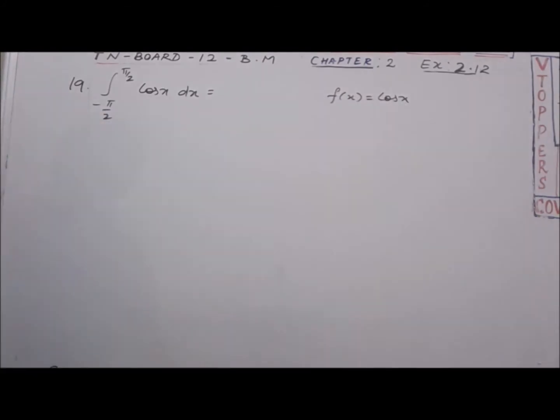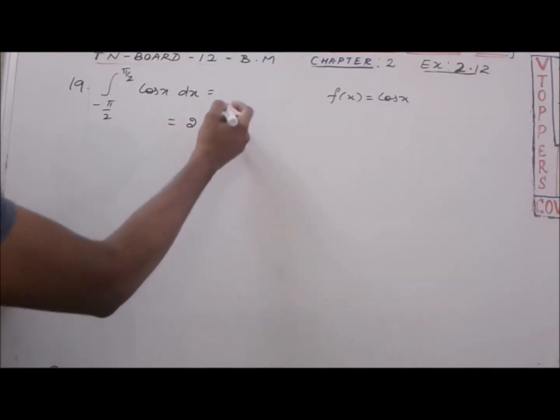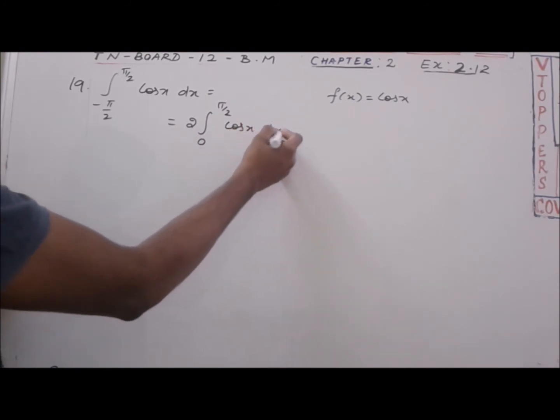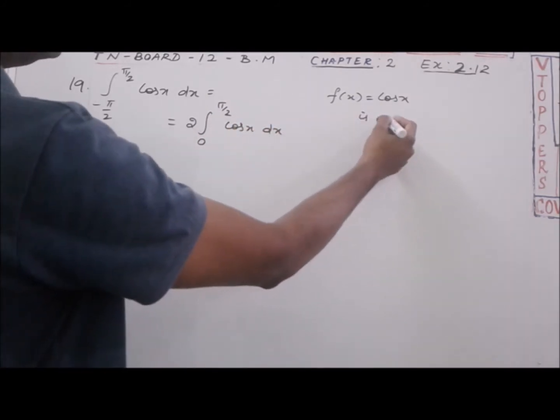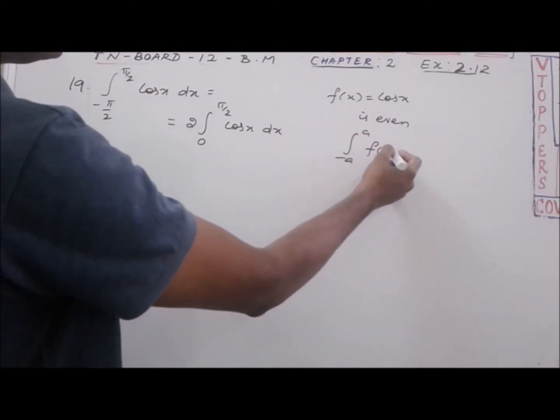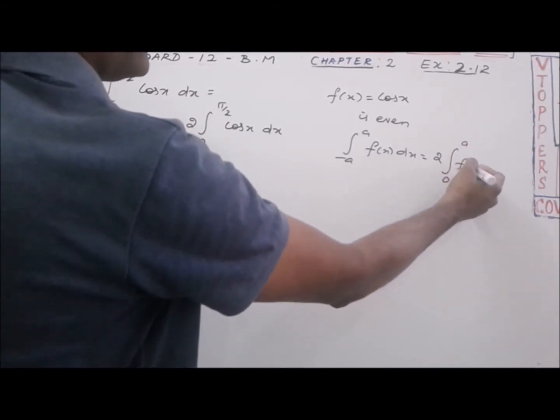So cos x is an even function always. So it can be written as 2 times integral 0 to a f of x dx. If f of x is even, integral minus a to plus a f of x dx is equal to twice integral 0 to a f of x dx.